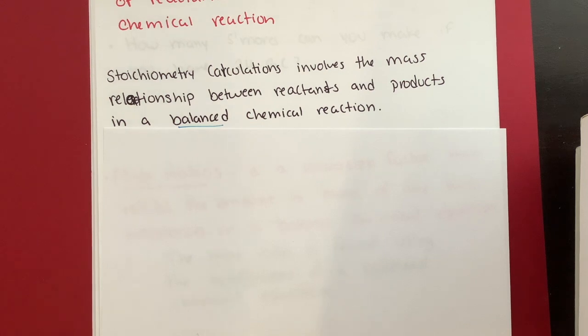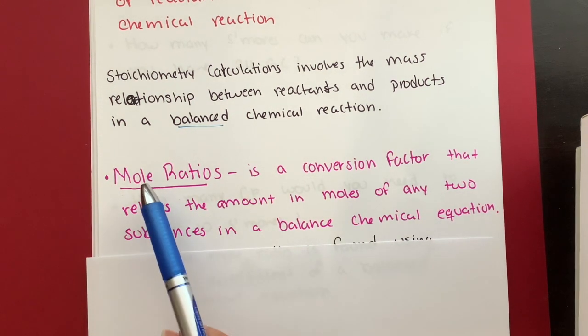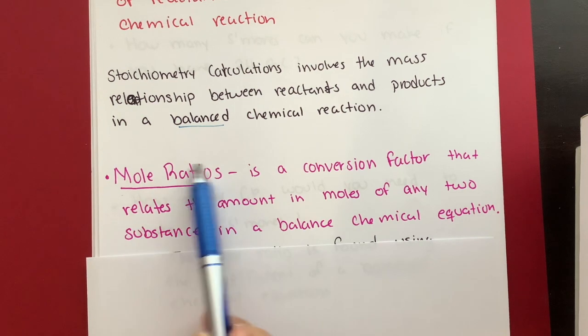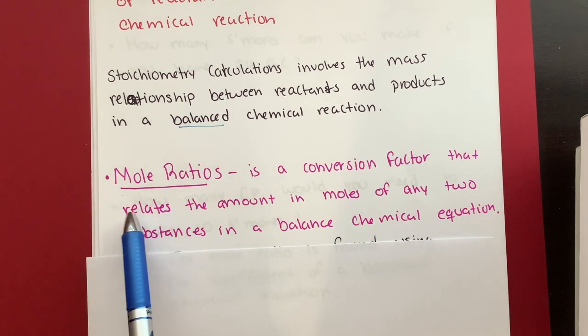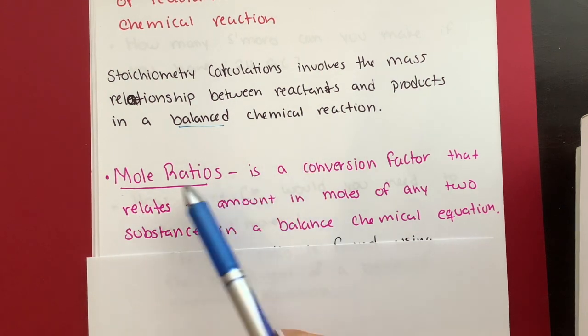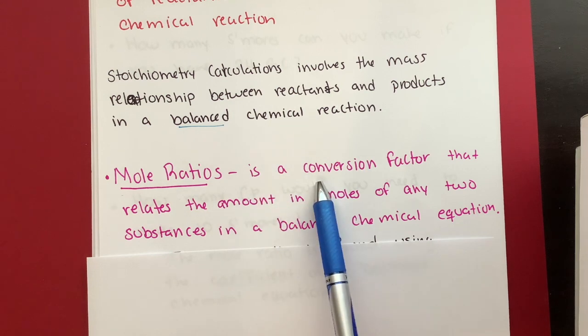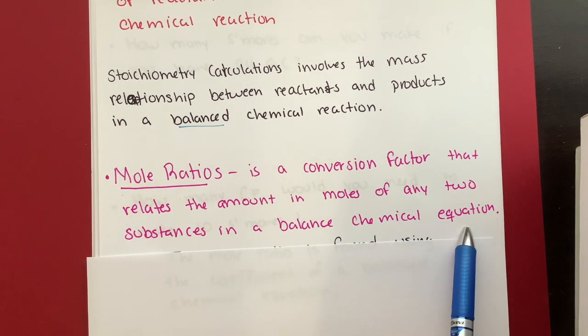So something that we're going to need for stoichiometry is something called the mole ratio. The mole ratio is a ratio of moles. Remember that moles tell us how many of each compound we have. So the mole ratio is a conversion factor that relates the amount in moles of any two substances in a balanced chemical equation.